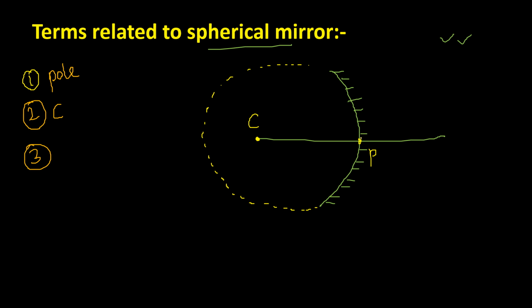The third one is the line joining center of curvature and pole, which is called principal axis.